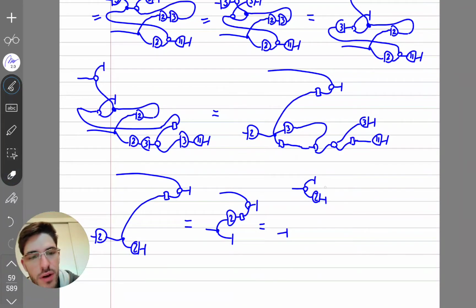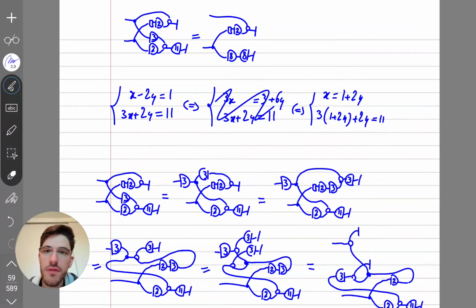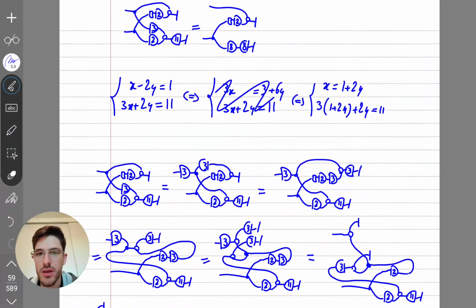So I have 1 plus 2, which is 3. I have now simplified. Wait, this is what we want. Okay, and here we go. We have found a solution, which is x equals 3, y equals 1. Oh god, that was so long. It took me half an hour to get there.